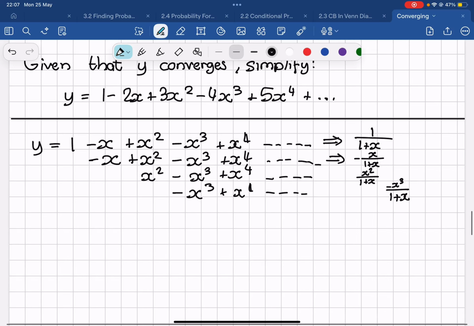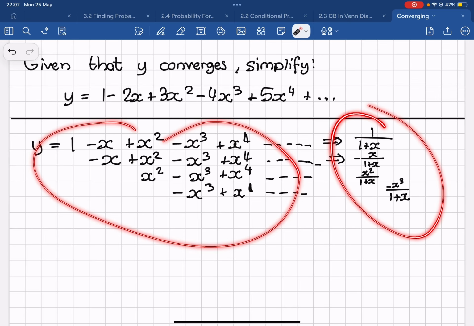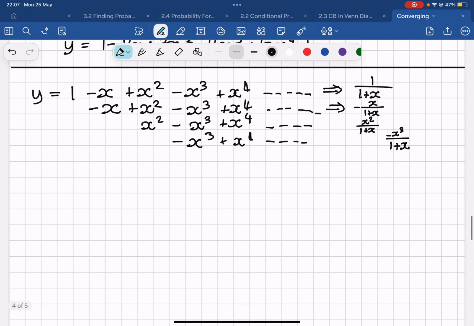So now we just need to sum all these. We can just sum our numerators to infinity. So we have all over 1 plus x, 1 minus x plus x squared minus x cubed plus x to the 4, and so on and so forth.